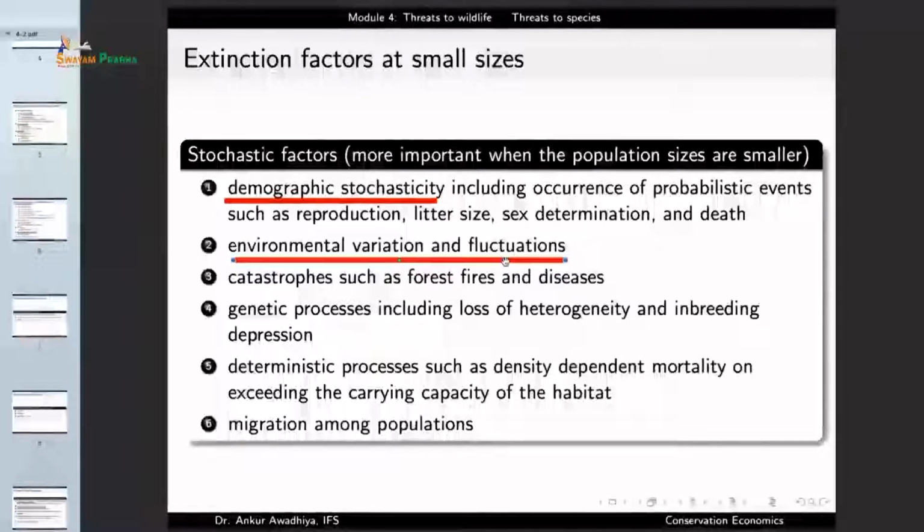Another stochastic factor is environmental variation and fluctuations. Now, the environment and the weather of any place is variable, and it might so happen that in a particular year it turns out to be a drought like situation. Now, in a drought like situation, if you have a large size population, a number of individuals would die off.